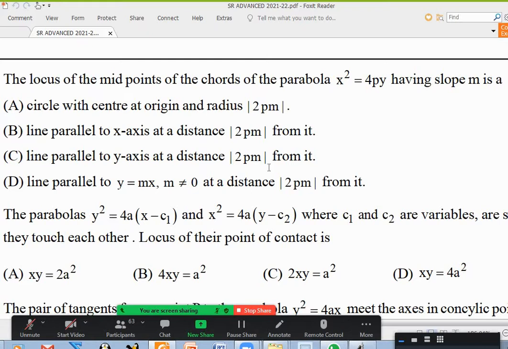Method 2, almost similar. You take the chord ends as t1 and t2. What is the slope? 2 by t1 plus t2. That should be m. But what is the midpoint y coordinate? If you take the midpoint, the y coordinate is a into t1 plus t2. So here t1 plus t2 is 2 by m, because t1 plus t2 is constant when the y coordinate is constant.